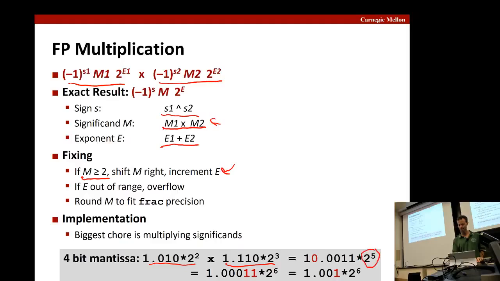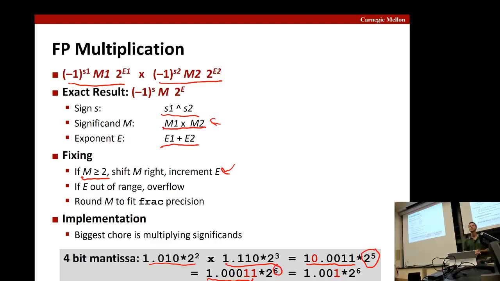And we take the product of 1.010 and 1.110, which you could do quickly if you wanted, and you confirm that the answer is 10.0011. So that's the exact result. Now we have to fix it up. Since the significand is now bigger than 2, we shift this to the right, and we add 1 to the exponent.